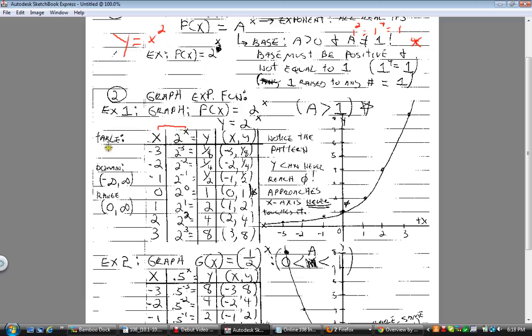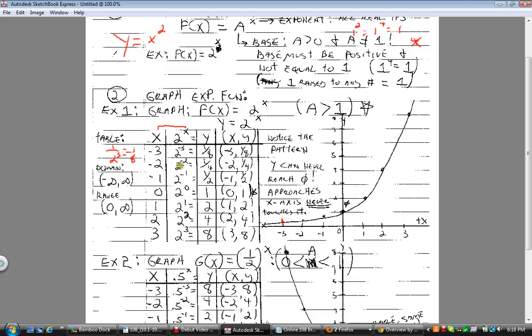Just keep in mind that's the same as saying we don't care for negative exponents. You'd say 1 over 2 to the third, so 2 to the third is 8. So that equals 1/8. Okay, and that's where the 1/8 came from. Input -3, output 1/8. Notice where that's at down here. It's below 1. It's getting close to the x-axis.